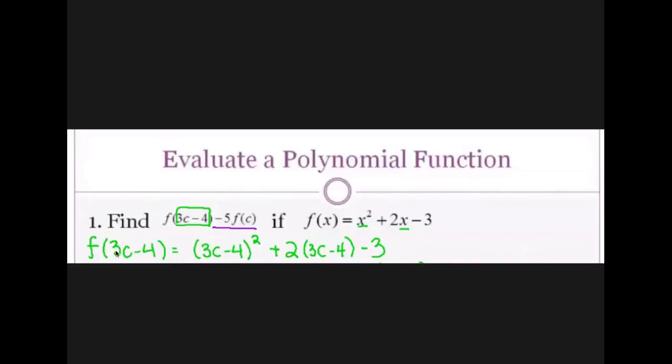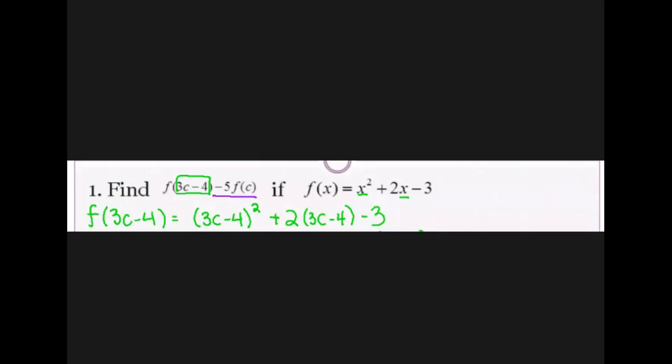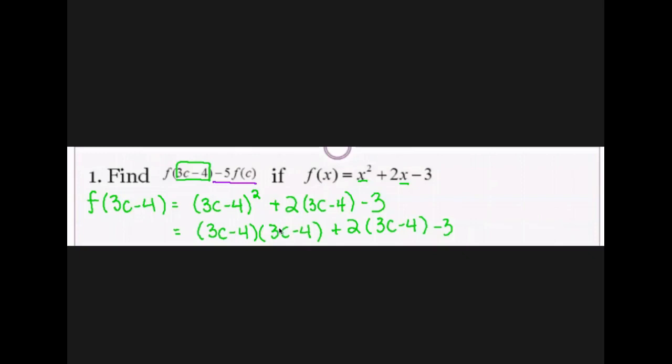So when I see a problem like this, my first thought is I'm going to look at the first part of the function. So I'm going to look at that f of 3c minus 4, and I'm going to replace every x value with 3c minus 4. So the first thing you want to do is replace every x value with 3c minus 4. And then you have to FOIL the first 2 terms.